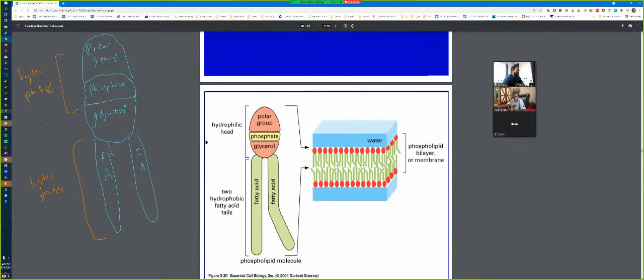And you can write down what I drew, and then you can also add, I'll put this on the right: a phospholipid is essentially glycerol plus 2 fatty acids plus a phosphate plus a polar group.